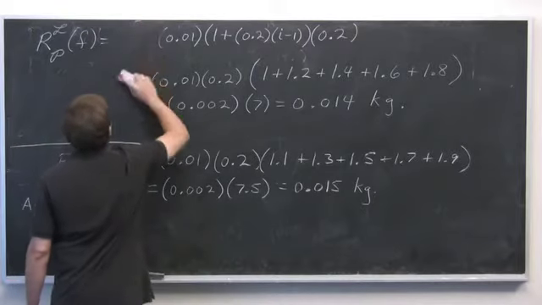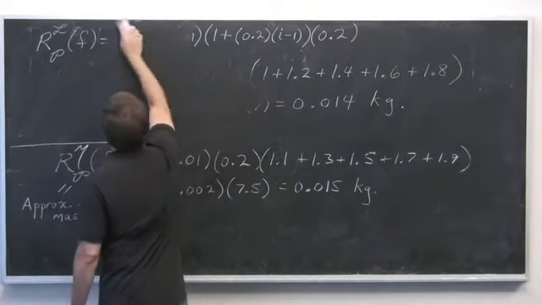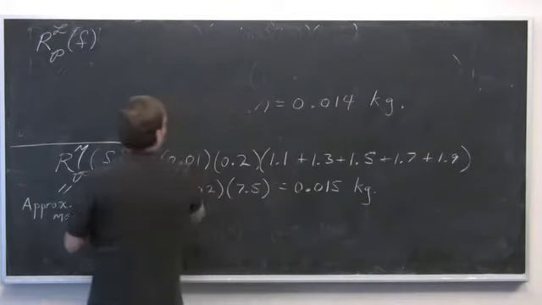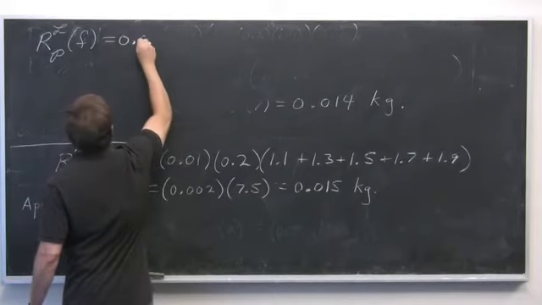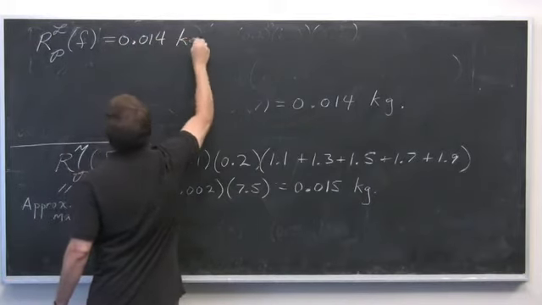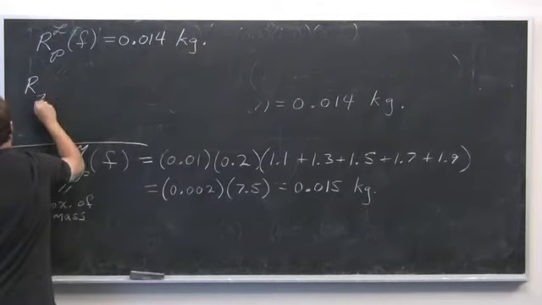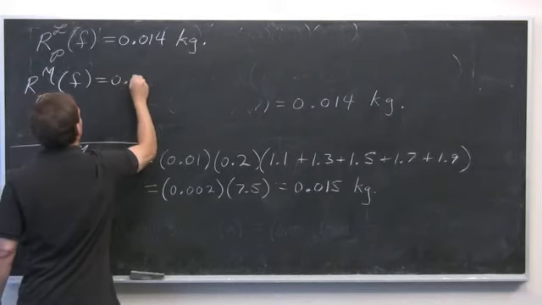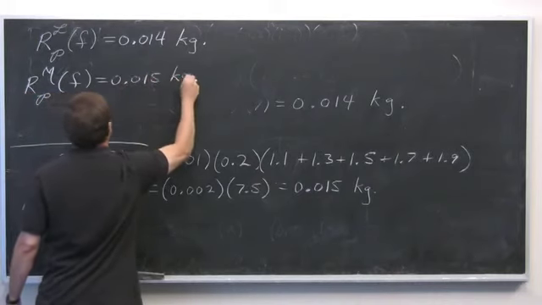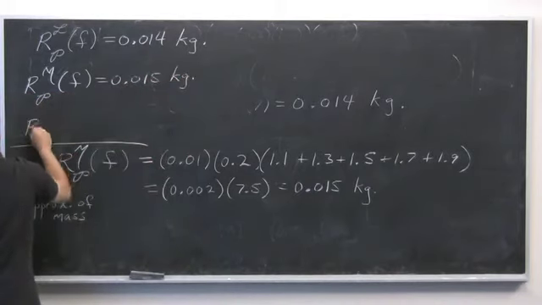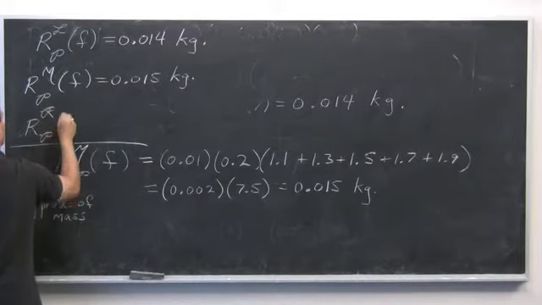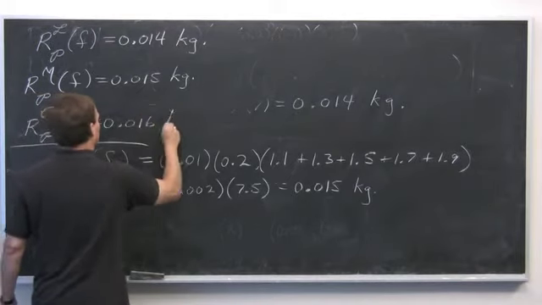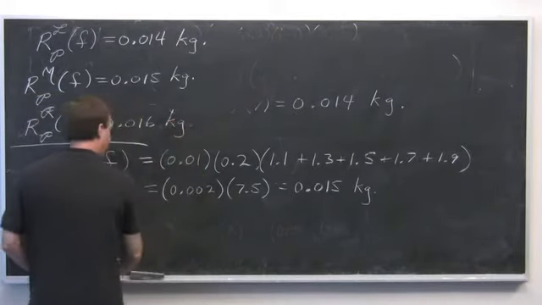So I want that the left Riemann sum is 0.014 kilograms. The midpoint Riemann sum is 0.015 kilograms, and the right Riemann sum is 0.016 kilograms.